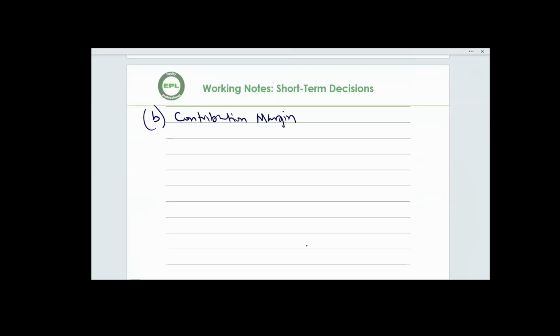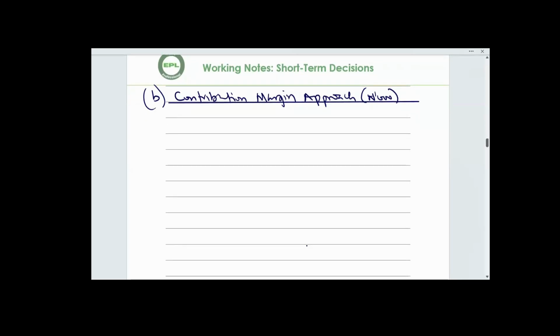You can call it contribution margin approach or contribution margin statement. Our figures are in thousands. Had I been in a physical class now, I would not be doing this second part. Only you will do it. I'll just clean the first one and, anyways, let's move on.